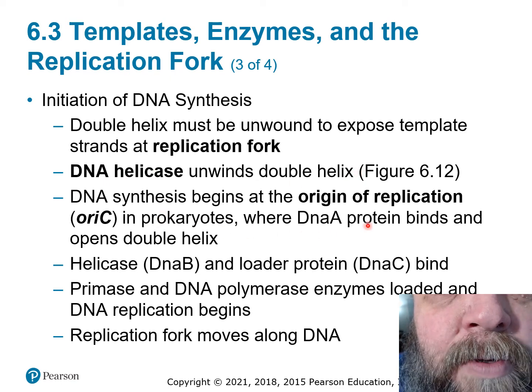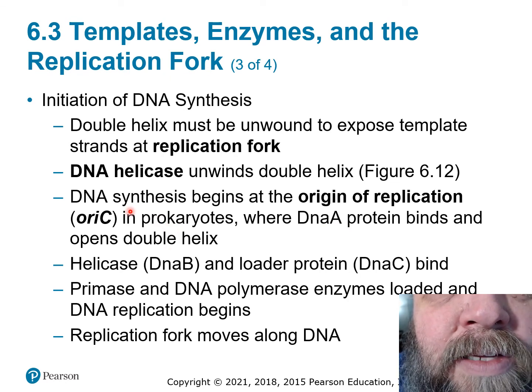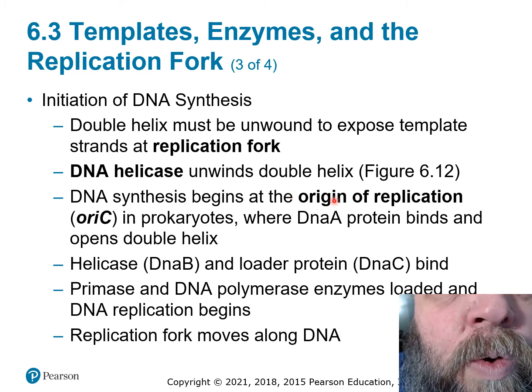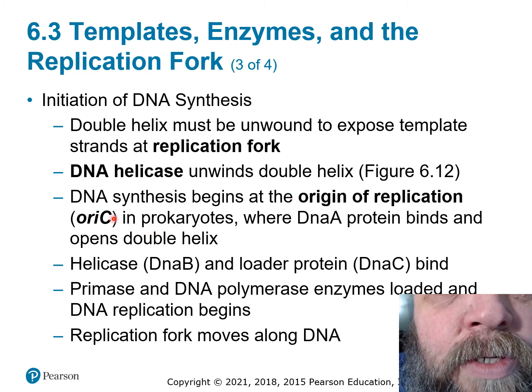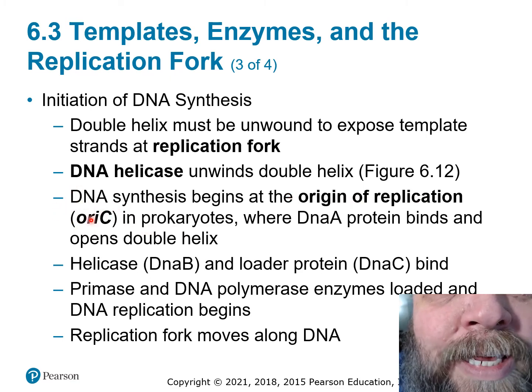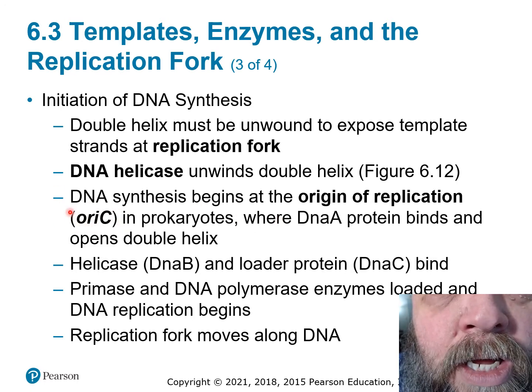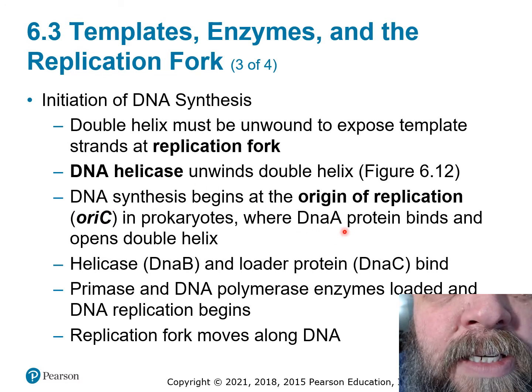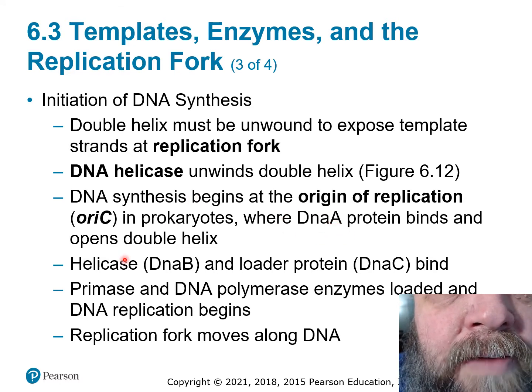You're going to have a bunch of other proteins there, DnaA and others, that are going to bind and begin this replication process. Remember, the origin of replication is always going to be right here at oriC, origin C. This is a section of DNA that DnaA is going to bind. DnaA binds because it begins the unwinding of the double helix. Then you're going to have DnaB, the helicase, and DnaC.